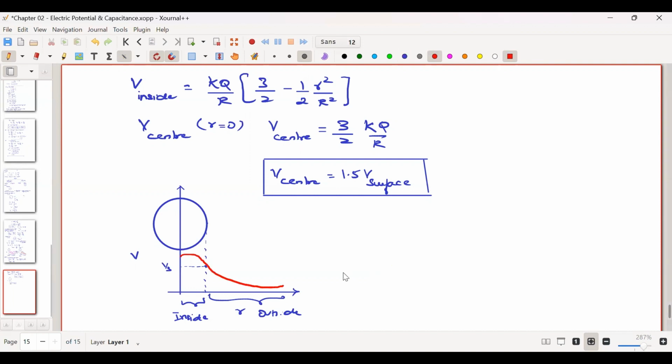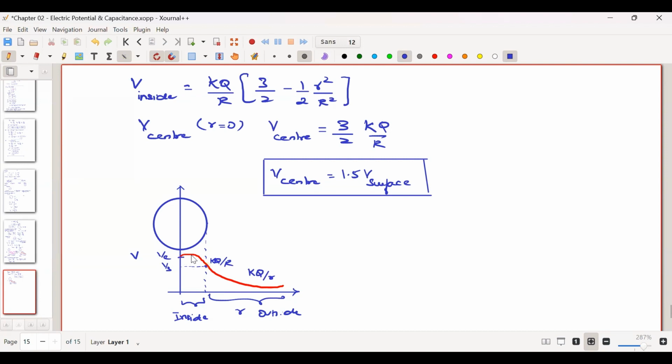V surface is KQ by capital R. Then outside point it is KQ by R. At the starting point, V center is around 1.5 times more potential.